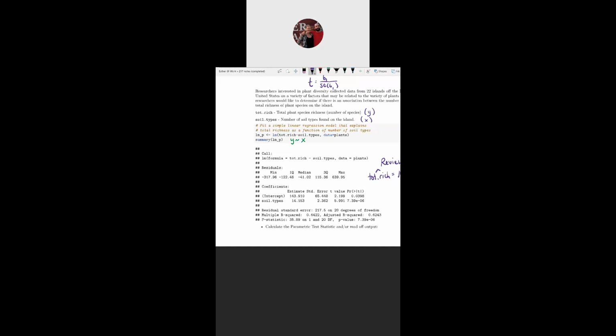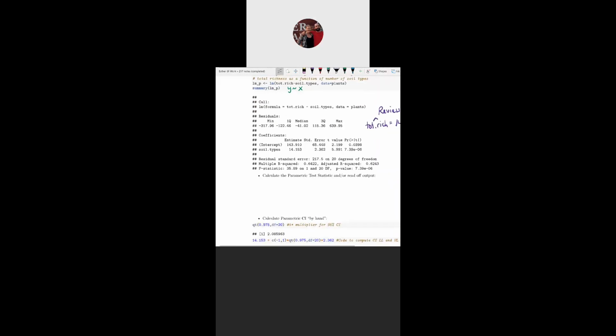All right, now let's calculate our test statistic. I'm just going to put a little note here just to indicate where I'm snagging values from. Our parametric test statistic, as we wrote down above, is the slope estimate divided by the standard error around that estimate. So here's our B1 value up there, 14.153.